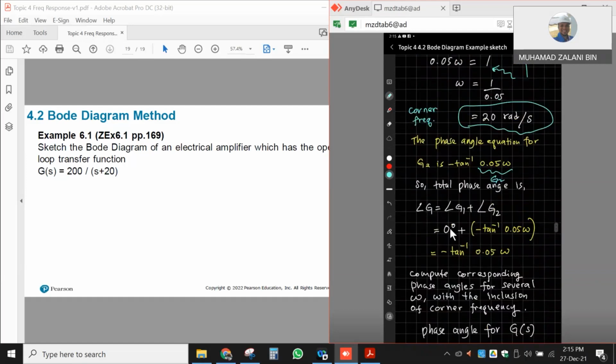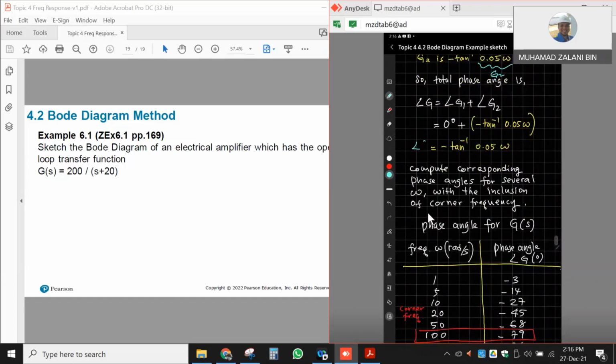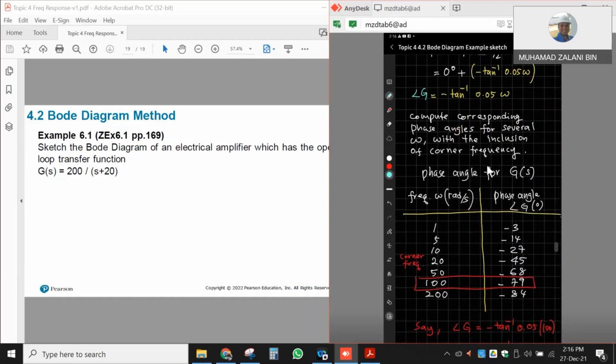Angle of G1 is 0 degree plus angle of G2 using this expression, negative arctangent 0.05 omega. So the angle of G is negative arctangent 0.05 omega.